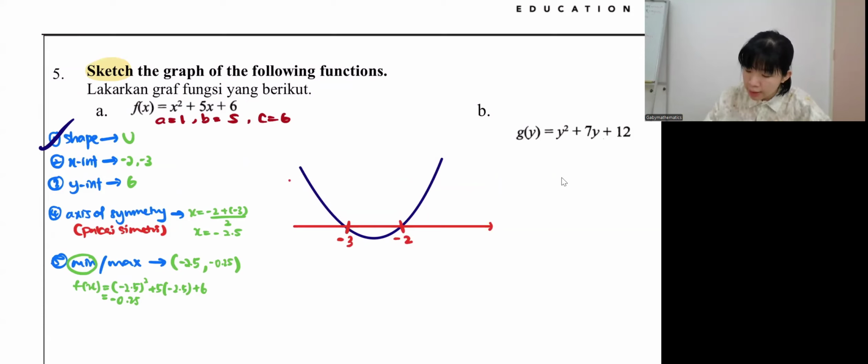Now imagine if you put the x-axis here, -3 and -2 would be too far away. Then later, how are you supposed to put the y-axis? So logically, -2 and -3 should be closer. So you put this one x. Okay, x-axis done. X-intercept done.